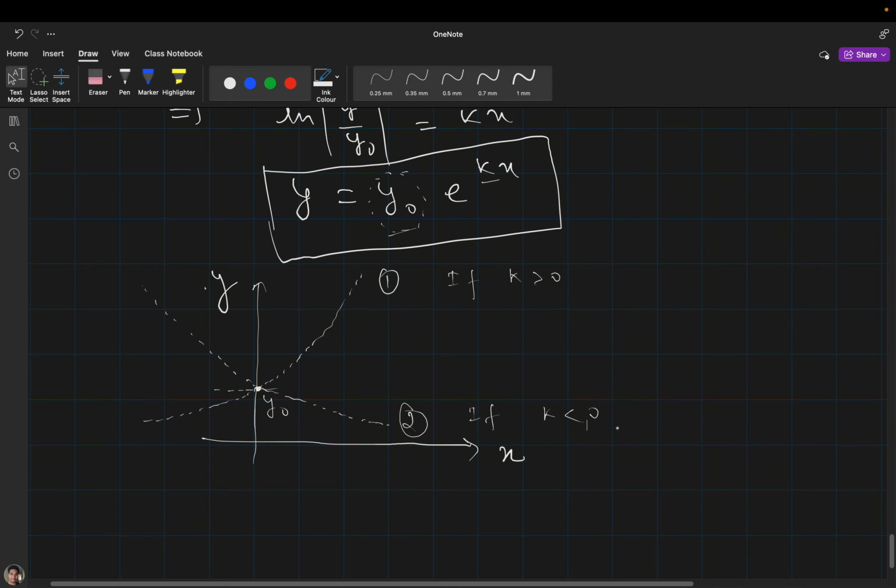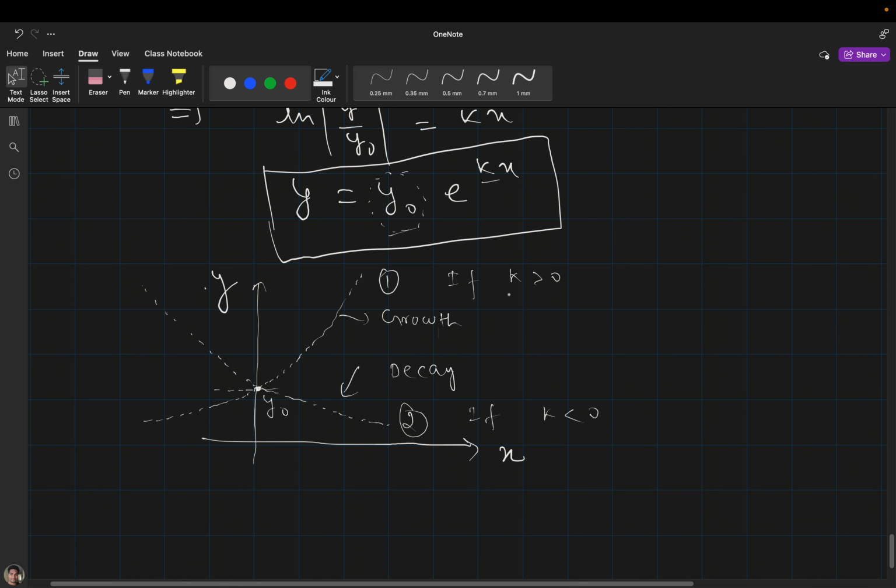This graph is called decay, and this is called exponential growth. So both are correct, right?